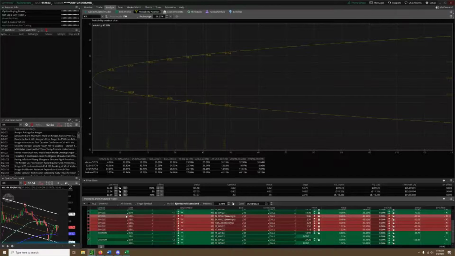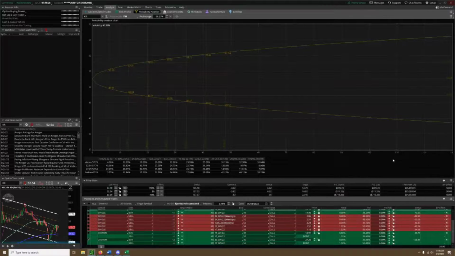I've been doing the same thing, but on the opposite end with the long calls. I've been doing the probability analysis for the long calls. My problem was I can't go far enough out in time, because the probability chart doesn't show that. So I would just go to the end of that chart and find my strike.